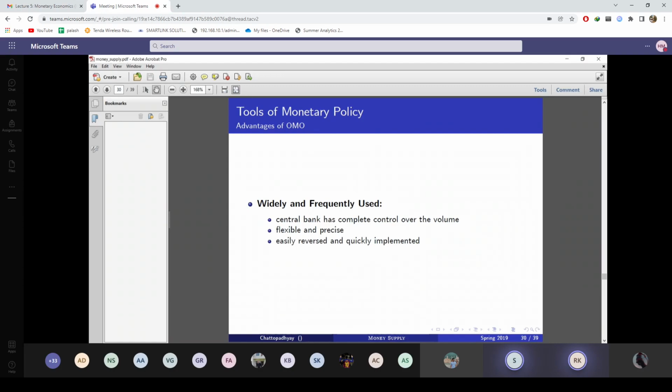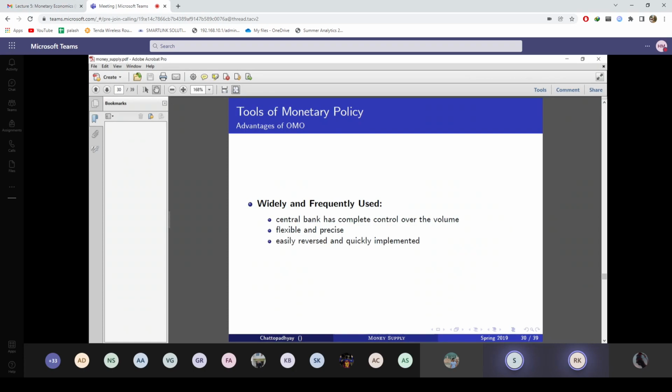Required reserves increased, banks kept more reserves, then next month I decrease required reserves, they decrease total reserves. So it creates a lot of uncertainty in the banking system. That is why open market operation is much more popular and widely used than required reserves. Both are monetary policy tools. Whenever you have to control money supply, first go for open market operation, because it is precise, it is flexible, and it can be easily reversed.